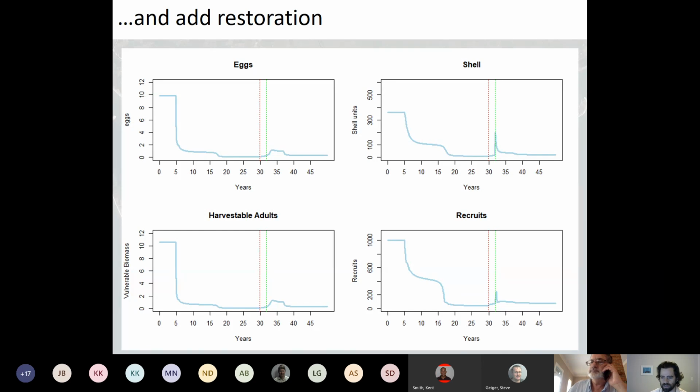The terms recruitment and settlement sometimes get used interchangeably, and I know you're not using them interchangeably here, but it is a difference. When I say settlement, I'm talking about the larvae settling down and attaching. We might expect that to be more linearly related to the total amount of spat in the water, which we would expect to be very related to whether an area is open or closed.